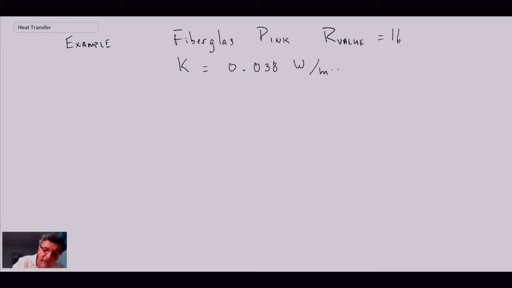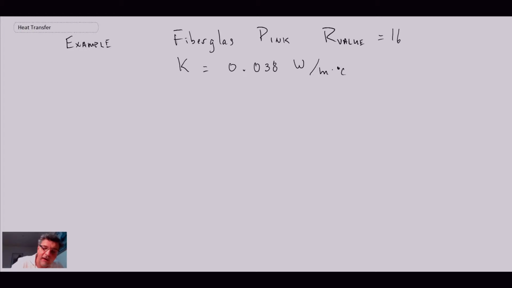Let's say we go to the hardware store and we're going to buy some fiberglass pink, and we're told the R value is equal to 16. I'm going to guess the thermal conductivity. Well, not quite guess. I did look it up in a number of different tables, but let's say it's around 0.04 watts per meter degrees C.